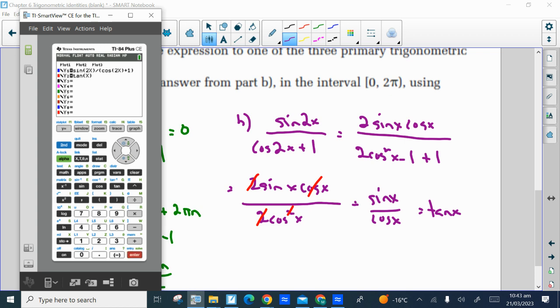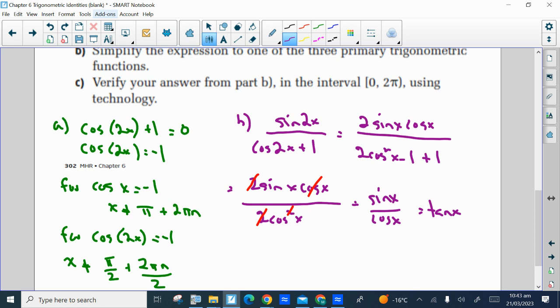So I should get the same graphs again. And I do. So that confirms that our simplified expression is equal to what we started with. I checked it between -2 pi and +2 pi. It did say to just check it between 0 and 2 pi. It doesn't matter. You can see that on our graph that between 0 and 2 pi, they're the same graphs.